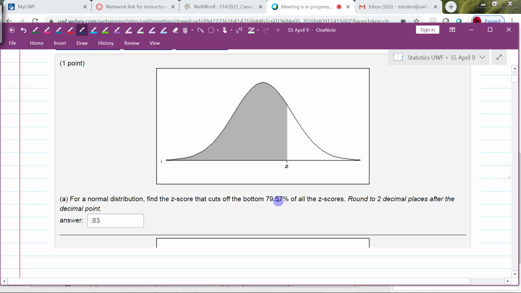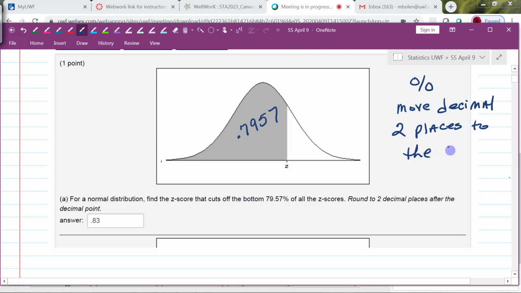But I'm going to rewrite the area as 0.7957, because that's what we have to do when we have a percent. When we have the percent sign, before we can do math, we have to move the decimal place 2 places to the left. So I took this decimal place and moved it 2 to the left, so it became 0.7957. So far, so good.